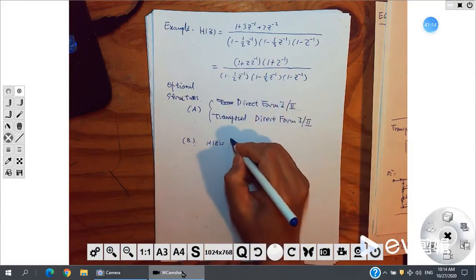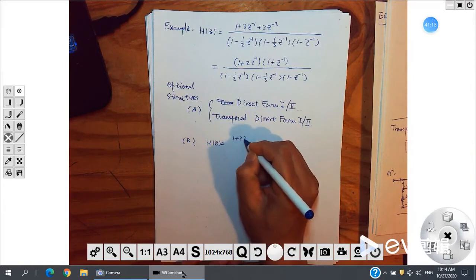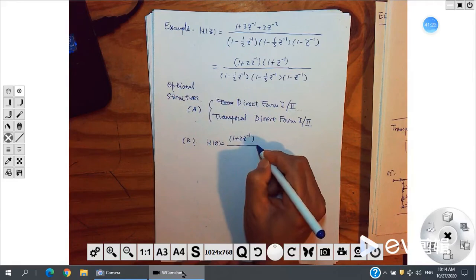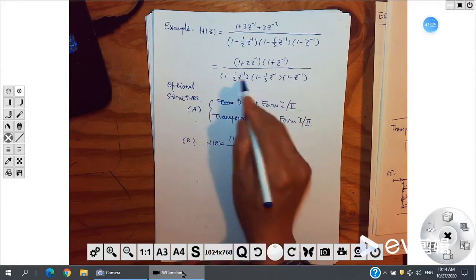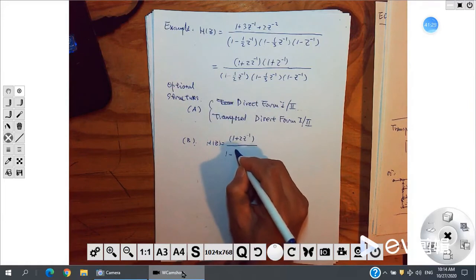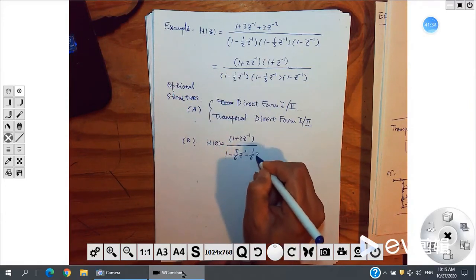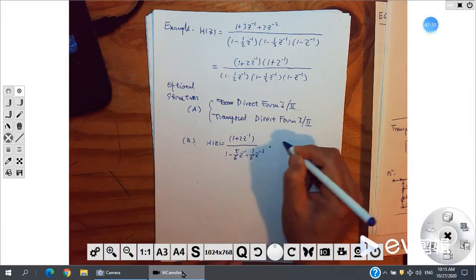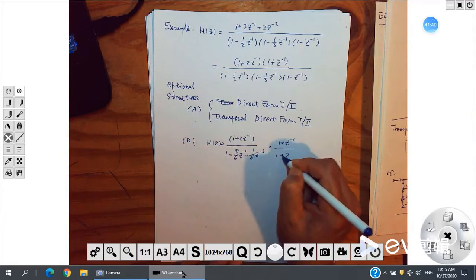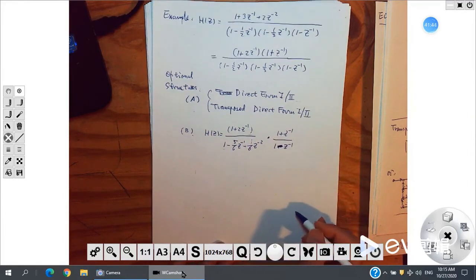For example, I write it as 1 plus 2 z to the negative 1 in the numerator, and in the denominator I multiply these two together. I have 1 minus 5 over 6 z to the negative 1 plus 1 over 6 z to the negative 2, times 1 plus z to the negative 1 and 1 minus z to the negative 1. I can write it in this way.